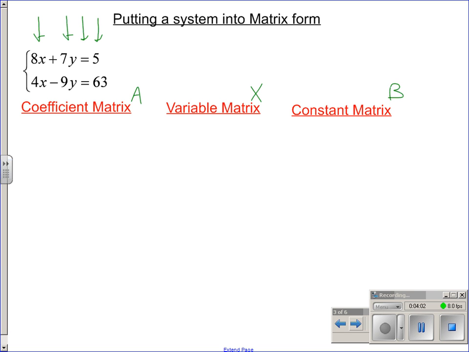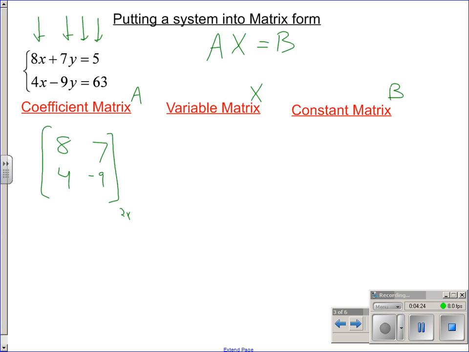So the coefficient matrix is just the coefficients: 8, 7, 4, -9. There's matrix A. The variable matrix, again, the equation was A times X equals B, so we're multiplying A and X. Remember, to multiply matrices, the inner dimensions have to be the same.